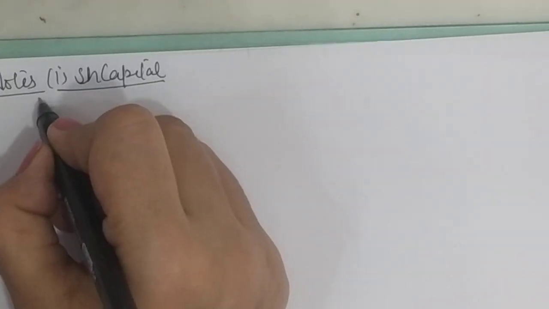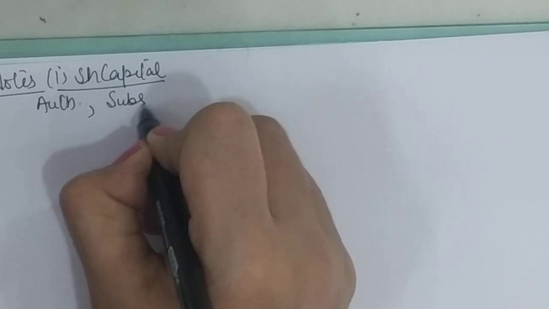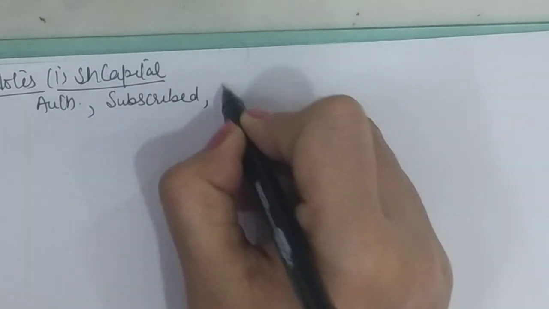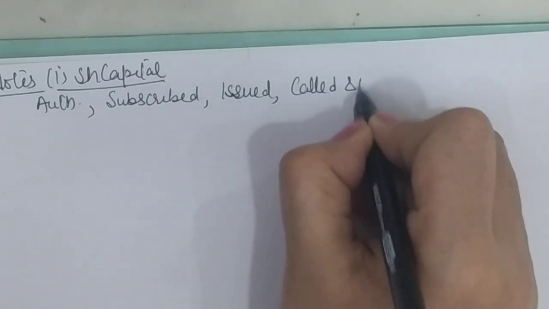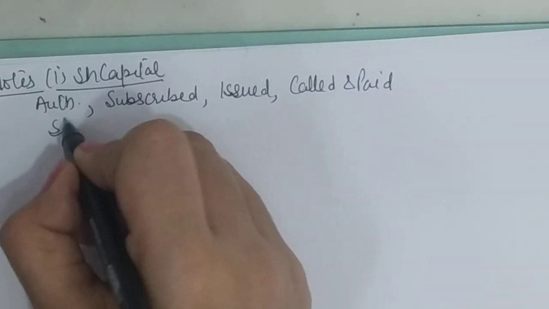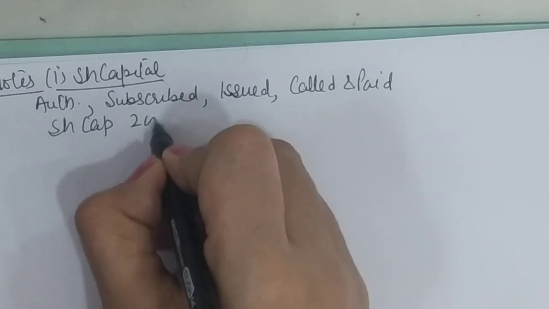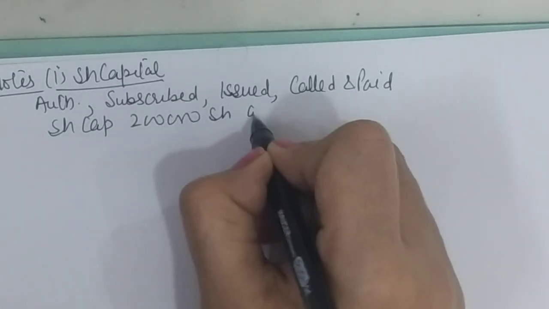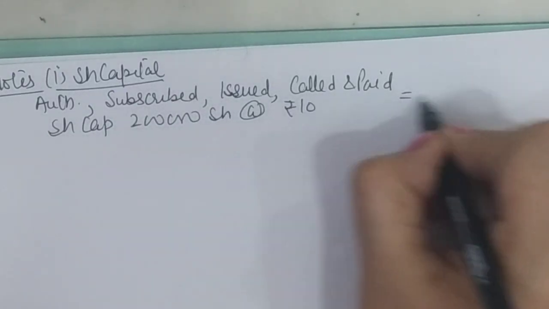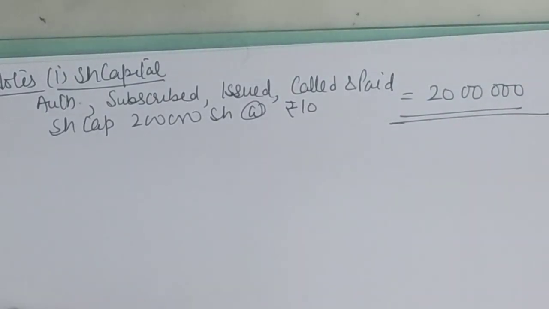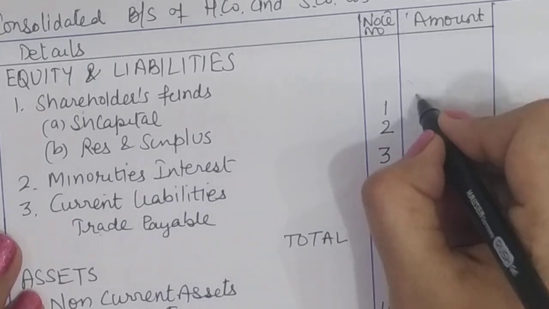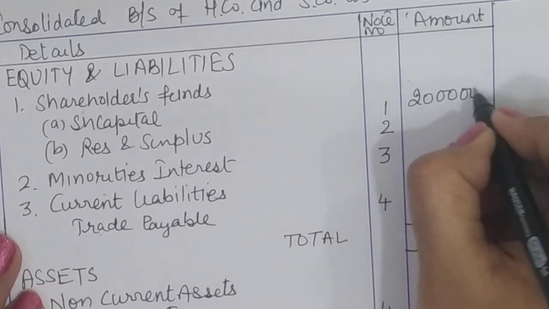So it is authorized, subscribed, issued, called and paid share capital of 2 lakh shares of 10 rupees each, 20 lakhs. So the total amount is written here in this balance sheet, 20 lakhs.